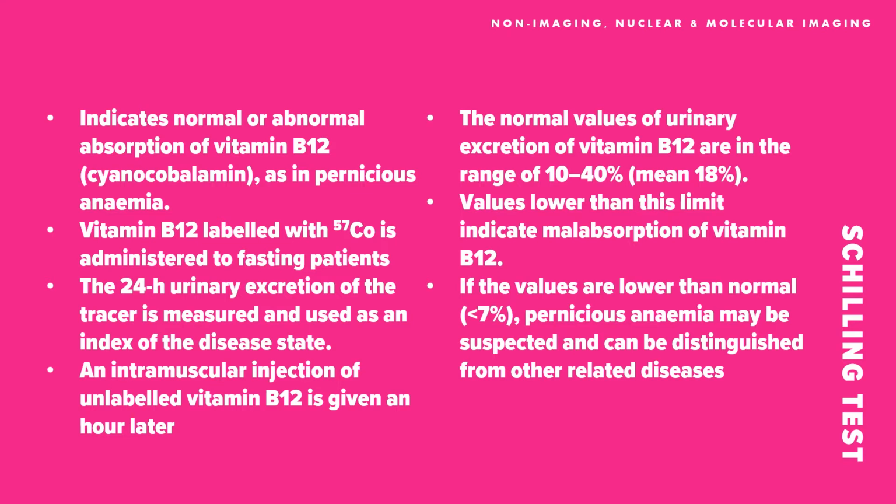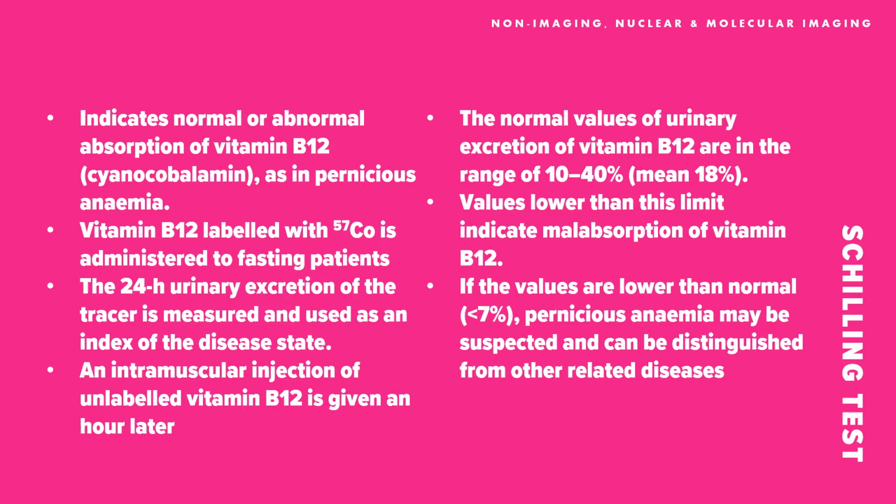But if you have abnormal absorption of vitamin B12, the value of the tracer in your urine sample will be much lower than this. If you find only below 7% of the labeled tracer in the urine, the patient can be suspected of pernicious anemia, and it can also be linked to other related diseases.